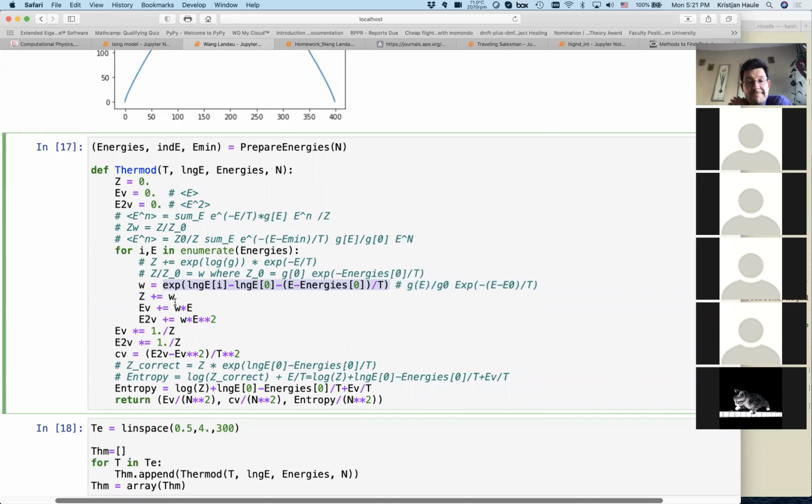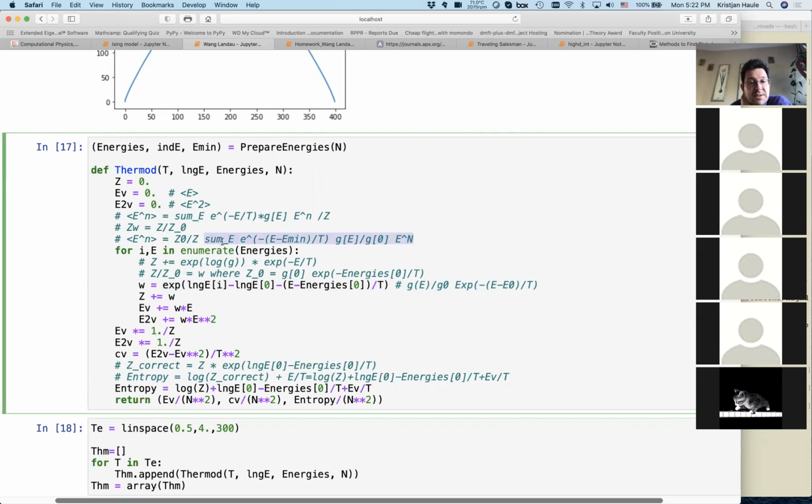And then for now, Z is going to be just the sum of these weights, and at the end of the day we can change Z by multiplying with Z0 for the ground state. Then the average energy is going to be just this weight times Z. So we're multiplying here times E times this weight.